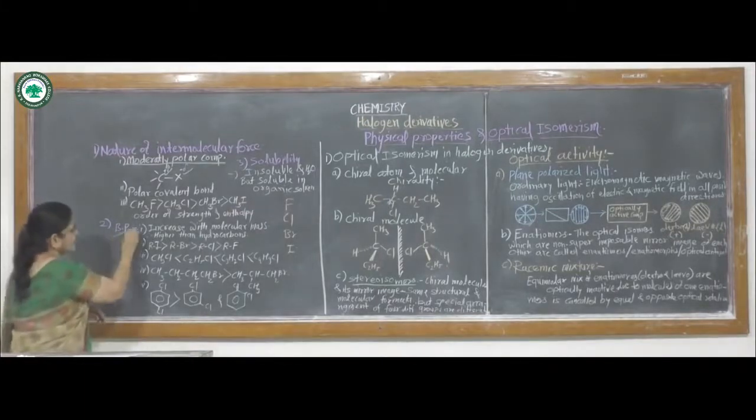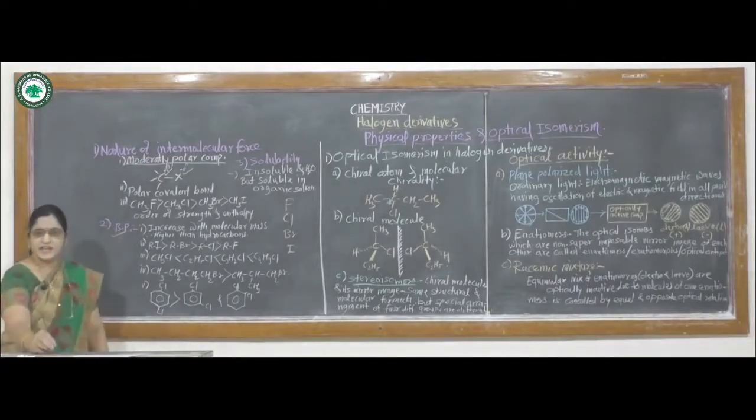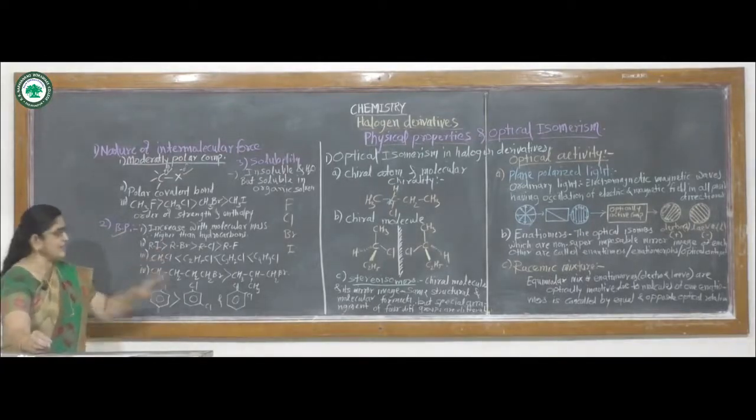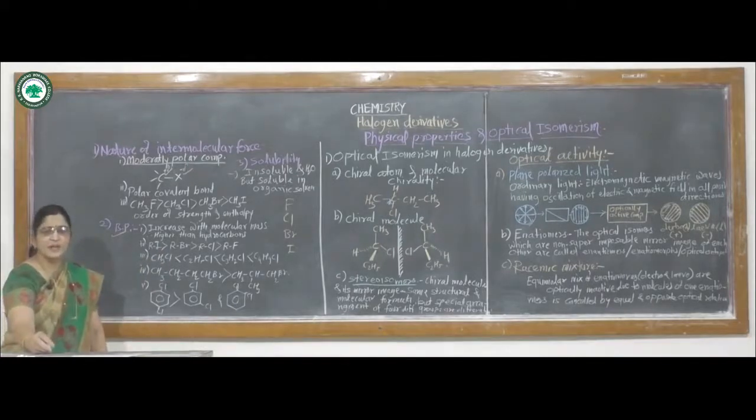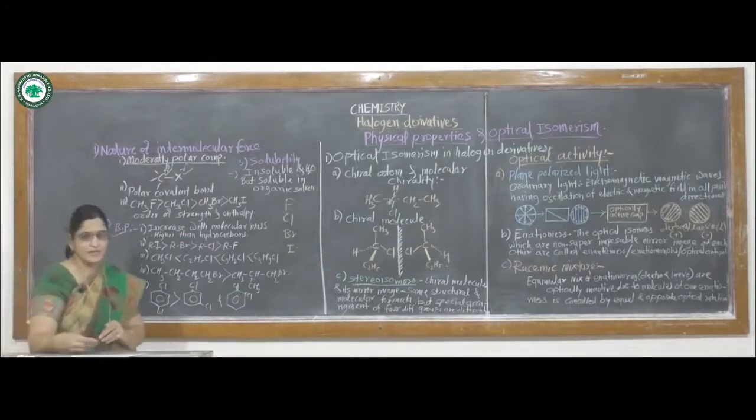Then the second point, that is boiling point. Boiling point increases with increasing molecular mass or molecular weight. That means it is higher than the hydrocarbons, that is alkanes, alkenes and alkynes.